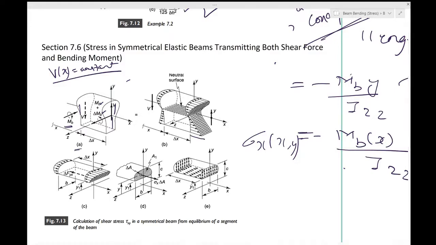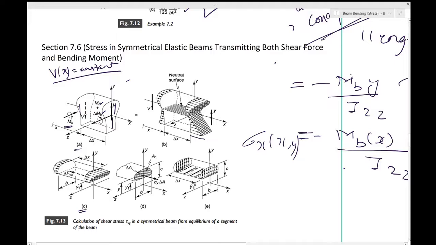We next consider the equilibrium of this segment of the beam shown in figure 7.13c, which we obtain by isolating that part of the beam element of figure 7.13b above the plane defined by y equal to y1.